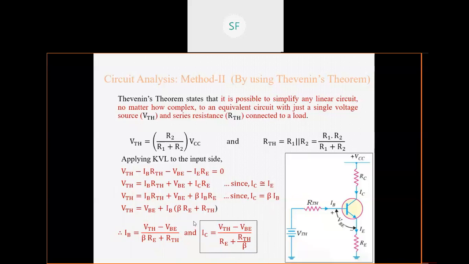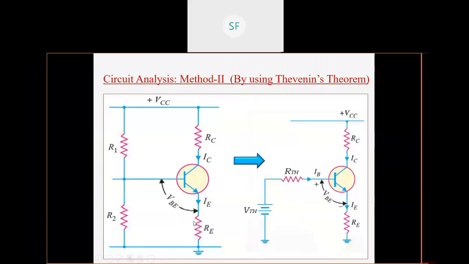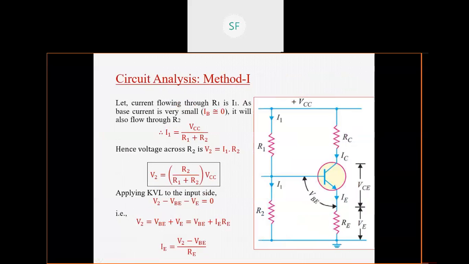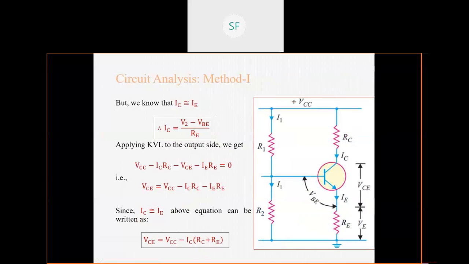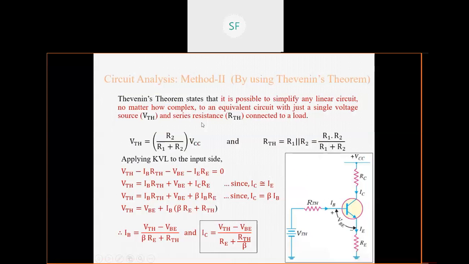Look here, I will go back a few slides, so you can observe. Here in IC, the numerator is V2 minus VB, and I already said V2 is nothing but the same as VTH, so the numerator is the same in both cases, right? V2 minus VB, here VTH minus VB.